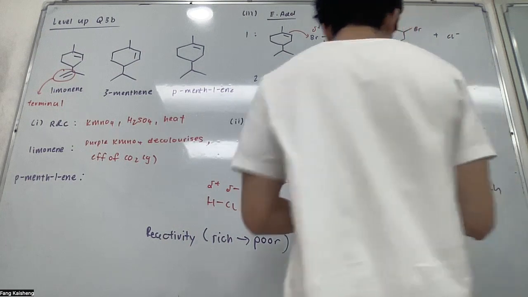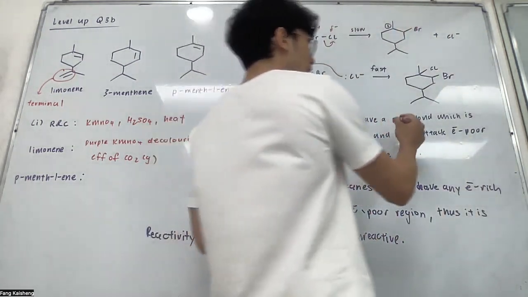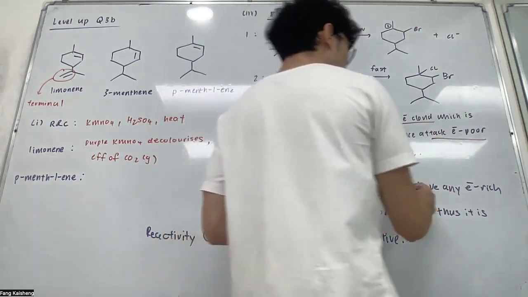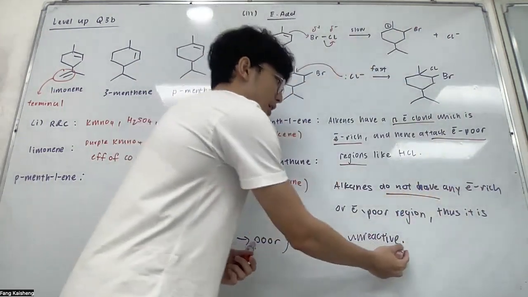Just say that it is unreactive. So highlight the keywords again: high electron cloud is rich, that's why it can attack electron poor regions. Alkanes do not have any, that's why it's unreactive.